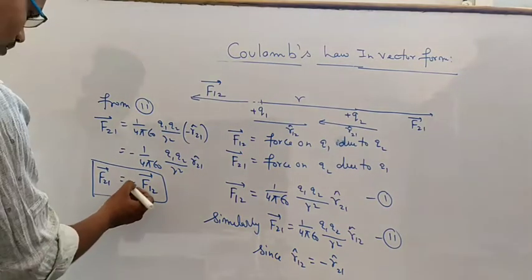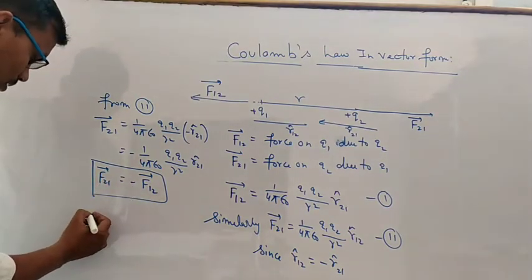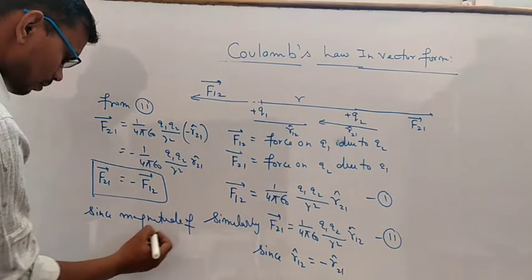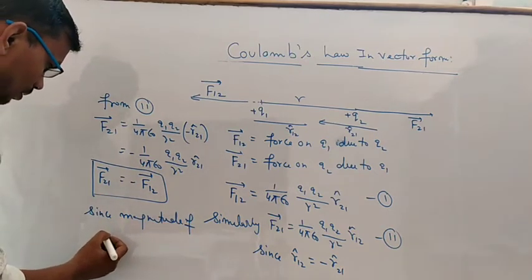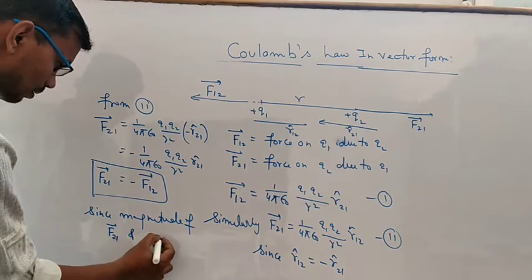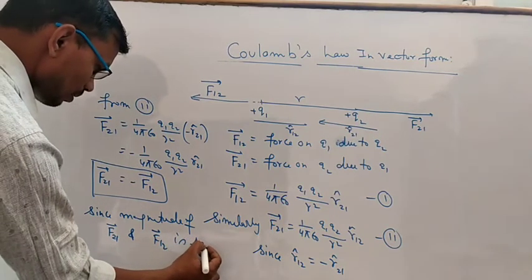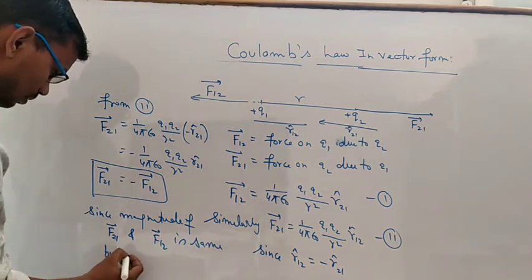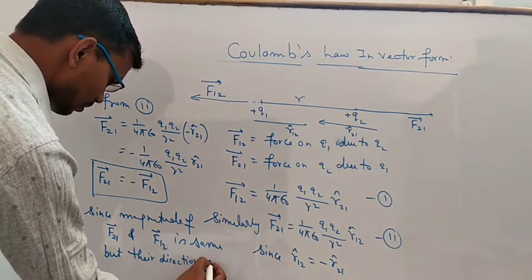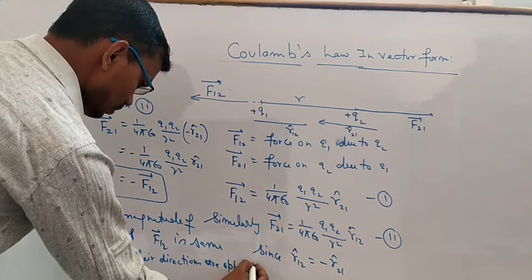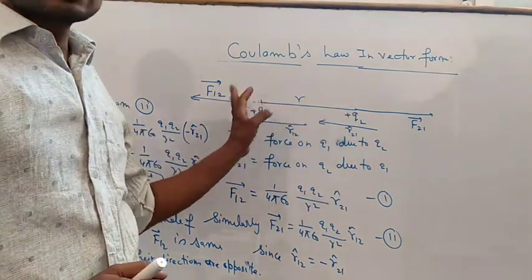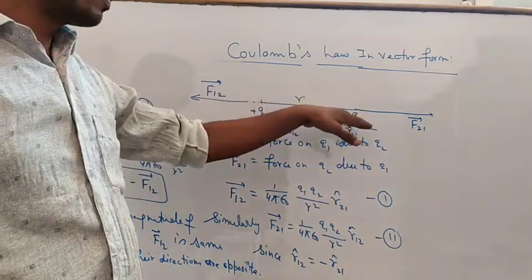The magnitudes of F21 and F12 are the same, but their directions are opposite. They apply equal and opposite forces to each other, and their magnitudes are equal.